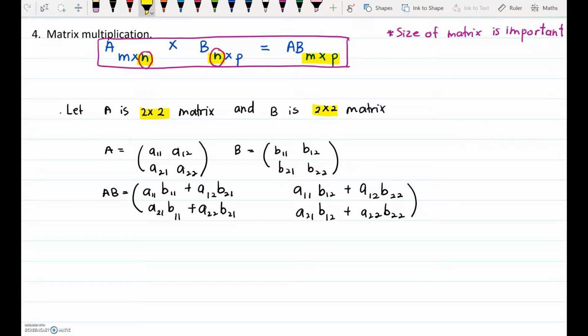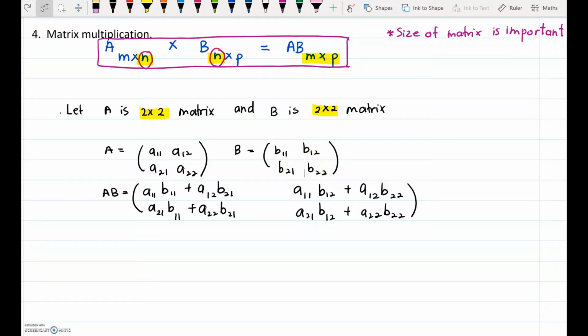Now let's see, if A is a 2 by 2 matrix and B is a 2 by 2 matrix, in general you will have this kind of formula. A is A11, A12, and then A21, A22, and B is B11, B12, and B21, B22.